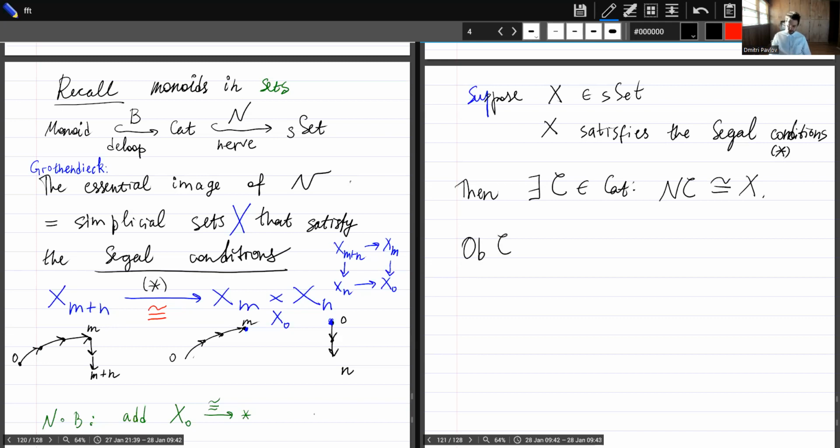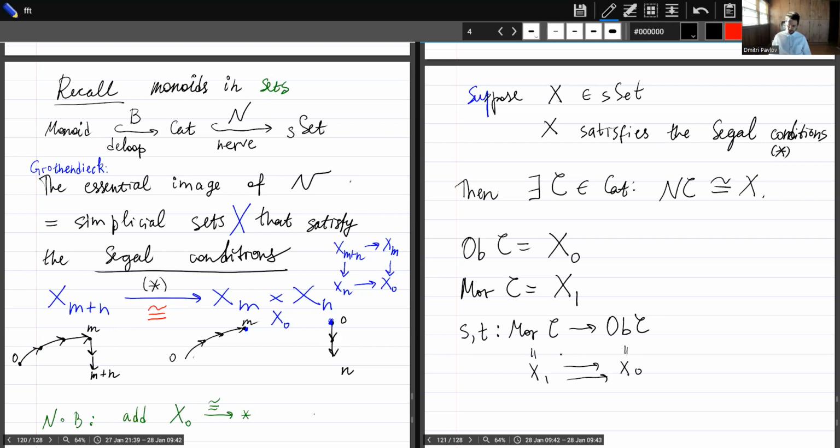Objects of C will be zero simplices in X. Morphisms of C will be one simplices in X. The source and target maps take a morphism as an input and produce an object as an output. These will be maps from X1 to X0, and there are precisely two such maps.